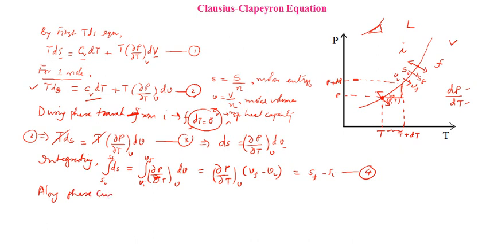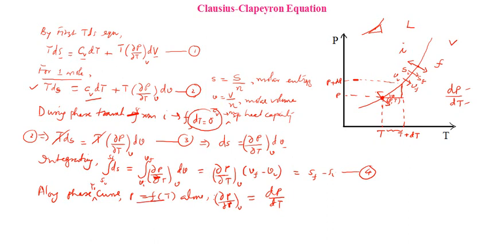So I need not write ∂P/∂T at constant V; I can simply write dP/dT, because the pressure is a function of temperature alone.